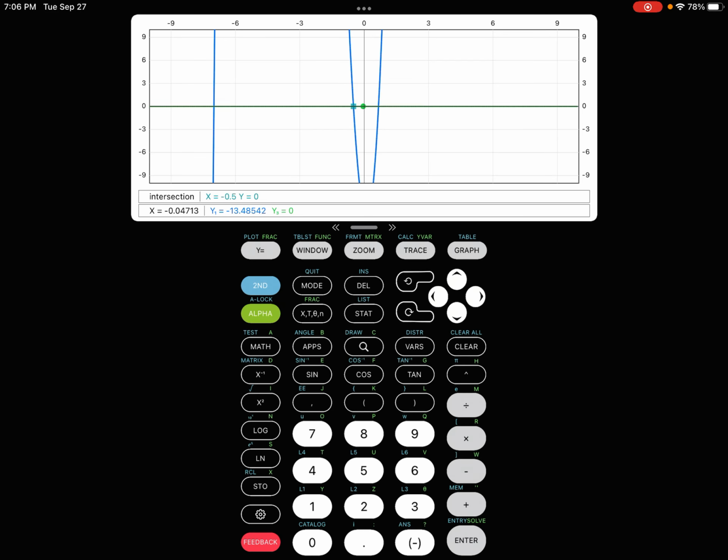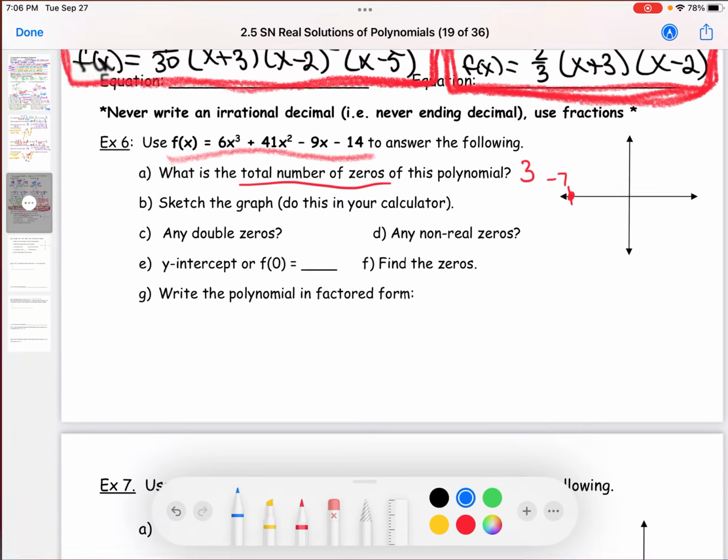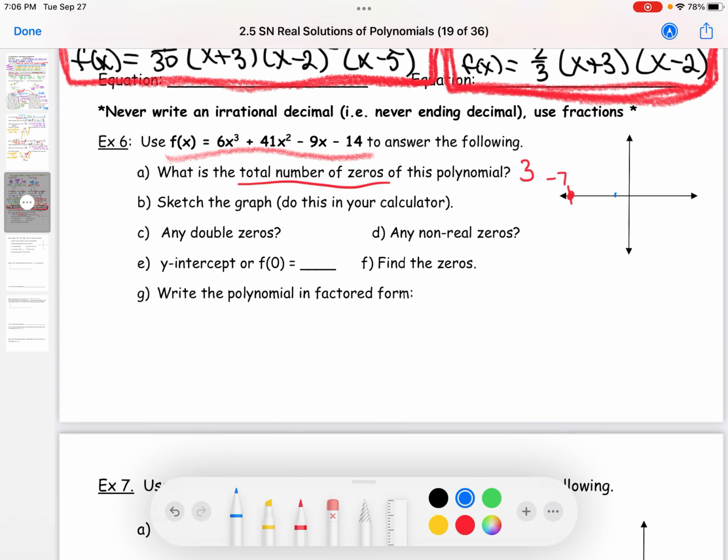Okay, now if you look at the bottom of your calculator screen, it will give you the word intersection, and it will give you the x coordinate and the y coordinate. That y coordinate should be 0. Okay, so x is negative 0.5. There's another root, negative 0.5.